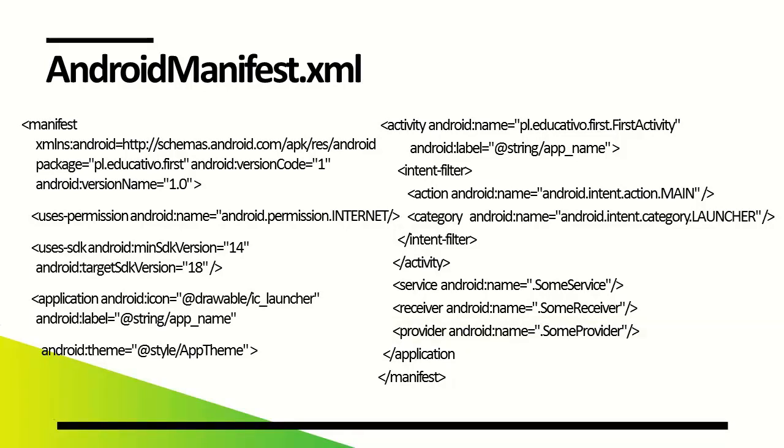Each of these components is in a way a main application component in Android and must be defined inside the Android manifest file in order to be used. Apart from defining components inside Android manifest, we may also specify the type of permissions required by our application.